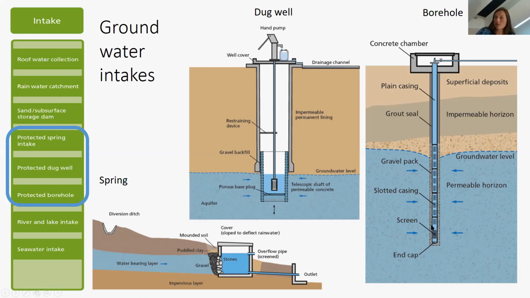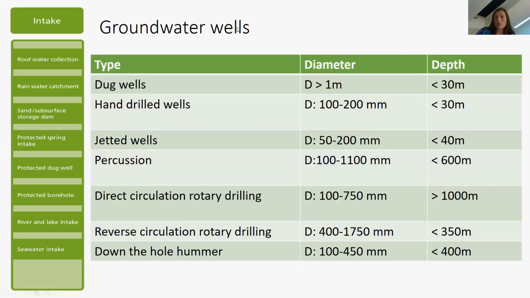Sometimes a gravel pack is used if the soil particles are much smaller than the size of the holes of the screen, to protect particles from going into the water. This is the typical structure, but there are all kinds of different wells, and the way wells are built depends on the type of technology being used.